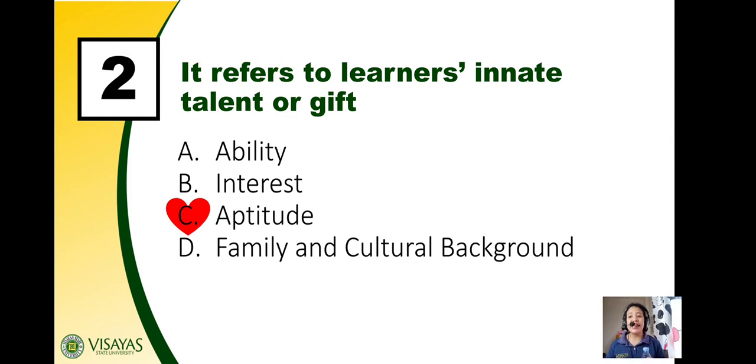So, dancing can be learned in the environment, pero yung talagang flexibility ng body mo, innate na yun sa'yo. Kasi there are people who know how to dance. They have the ability to dance, but really, yung body is not that flexible. So that's why the answer for this is letter C.